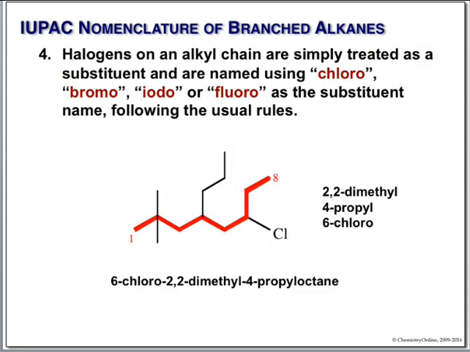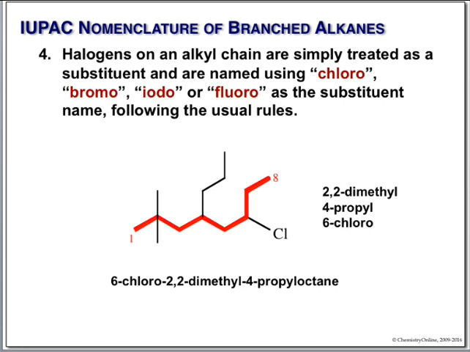So you would look at this molecule and say, number 1, how many carbons in your longest chain? Well, it's an octane. There are 8 of them. Now what's attached? In carbon number 2, we still have 2 methyl groups, so that's a dimethyl. In carbon 4, we still have a propyl. And in carbon 6, we have a fluoro.